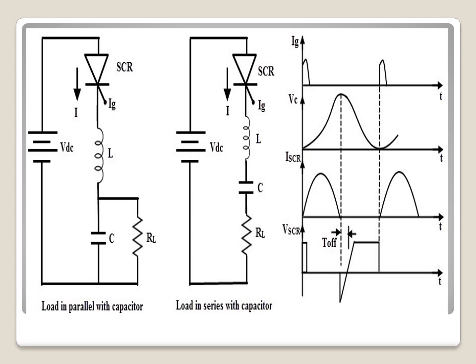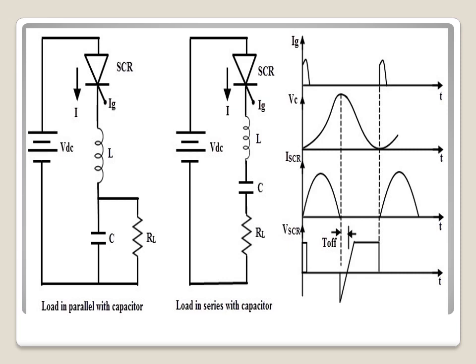On the contrary, when the load resistor has a high value, it is connected in parallel across the capacitor, while this parallel combination is connected in series with the inductor. Both cases are shown in the circuit.